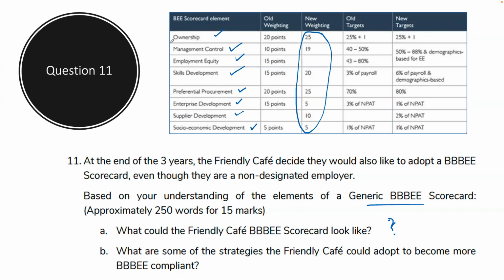Under ownership, if you are 51% black owned, then you would get 25%, then management control, and so forth. Each of these elements has a weighting and a calculation. Make sense? The question is, where do you find it? Again, in your textbook.